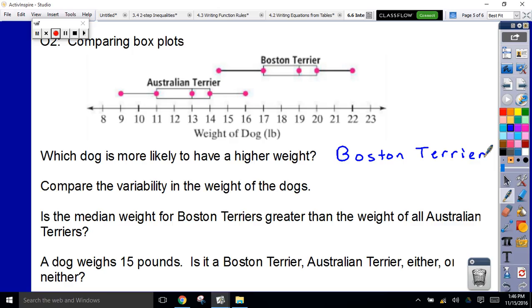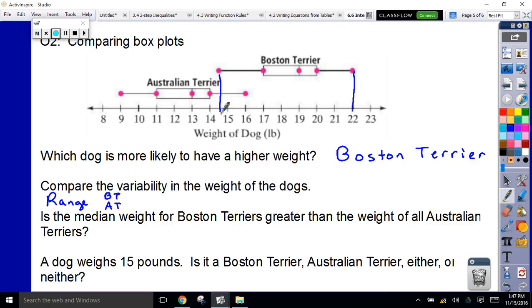Okay, now this one kind of leads into what you were saying. Compare the variability in the weights of the dogs. Let's actually find some of these values to find the variability. So let's find the range for Boston Terriers and then for Australian Terriers. What is the range for a Boston Terrier? Boston Terrier goes from about 22 to 14.5.